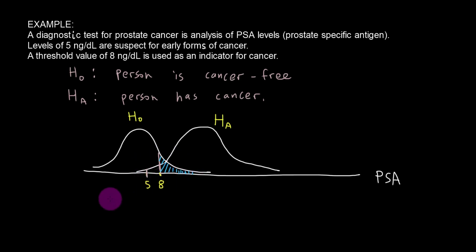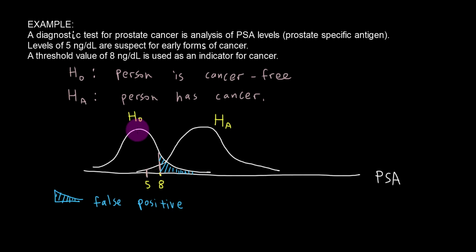So this blue shaded area is representing the proportion or percentage of folks who do not have cancer. They have high PSA levels. So they are going to be misdiagnosed with cancer. So would that be a false positive or would that be a false negative? Well, that would be a false positive, right? Because they just have high PSA levels, but they don't have the cancer.